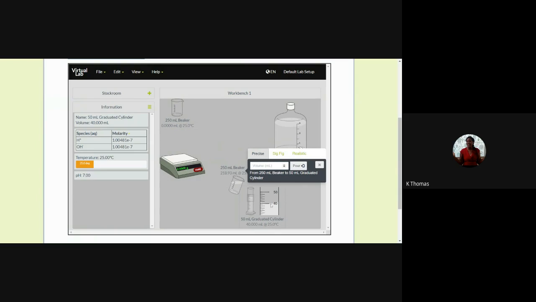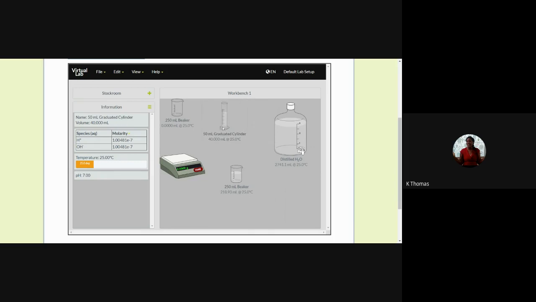Now look at the meniscus. When we're measuring, we need to ensure that the bottom of the meniscus is touching the line, and we set our eye at eye level with the meniscus to prevent parallax error. Good. So now I have my graduated cylinder with my water.